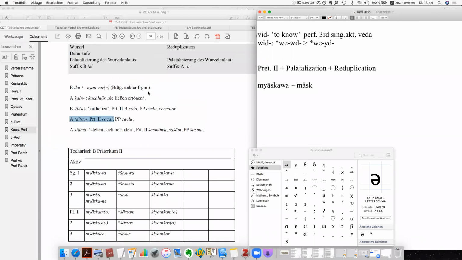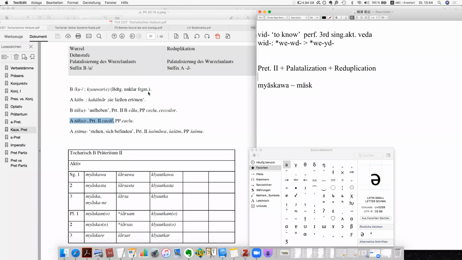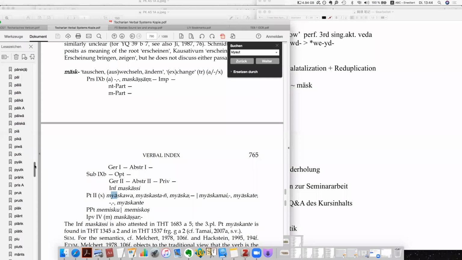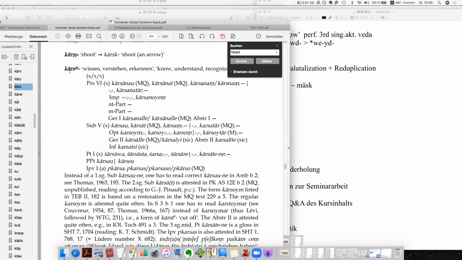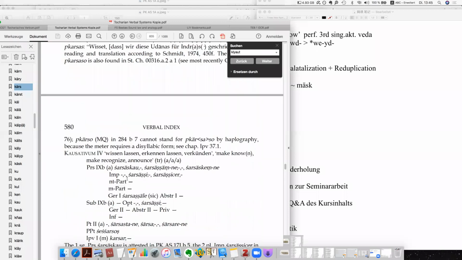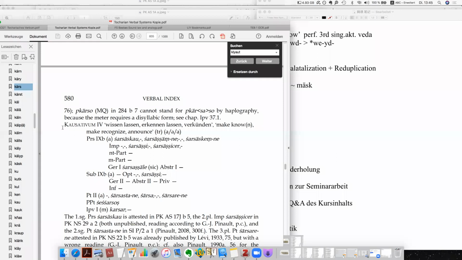OK，这个可以明白吗？就是第二类过去时，它有两个标志，一个是重叠，这个体现在 A 和 B 里面都有，对吧？还有一个是腭化，腭化大家看好了，这个是 shasawa。shasawa 是怎么来的呢？我写给大家看一下。shasawa 是来自这个动词 kursk。这个词 curse 呀，shar，哎 shasawa，wait a minute。Here, causative, check it.